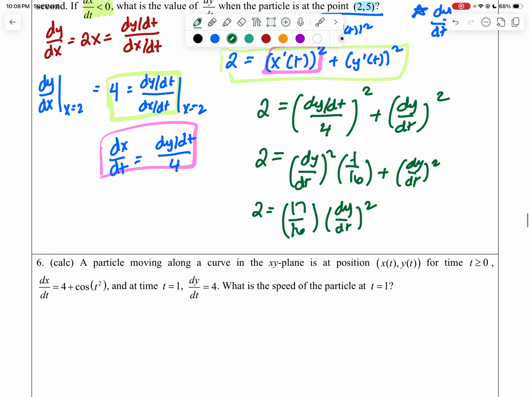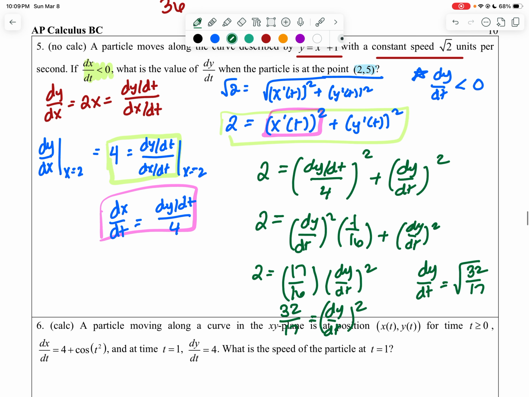So that's going to give me 32/17 equal to (dy/dt)^2. If I solve this, that's going to give me root 32/17. We need a plus or a minus, but we saw a couple minutes ago that dy/dt is less than 0, which means we should have a negative value here.